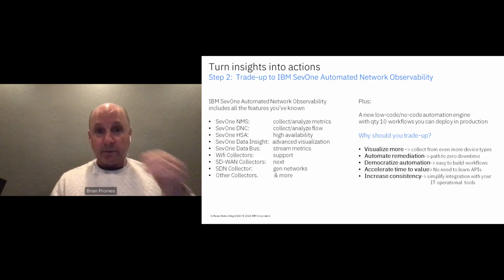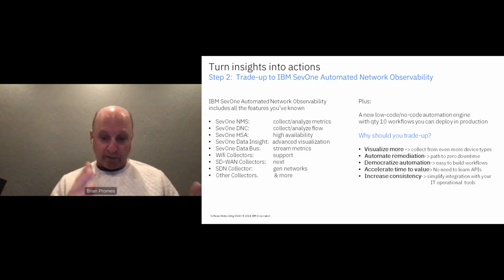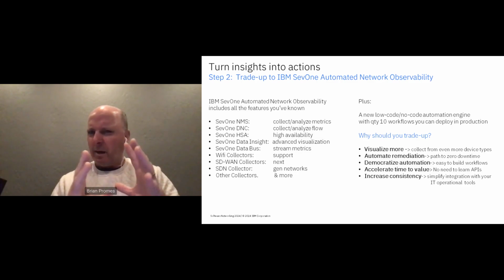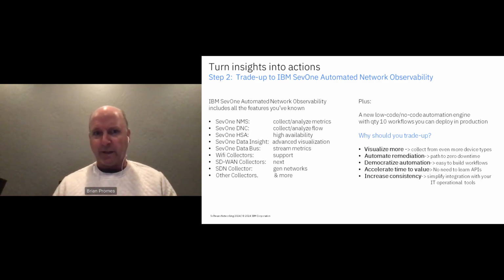And the trade up is really, I'll call it, a two-part trade up. There's a level of automation that comes with the system, and we'll be walking through some key pieces around automation today, the value of automation, what it means to network performance, and what it can mean overall to the automation of your environment. And the second thing is this notion of network observability, right?